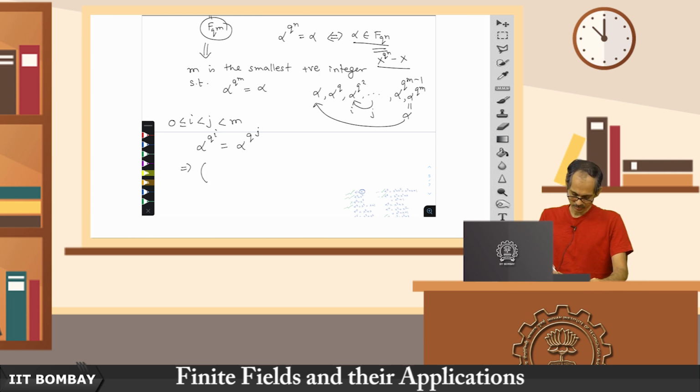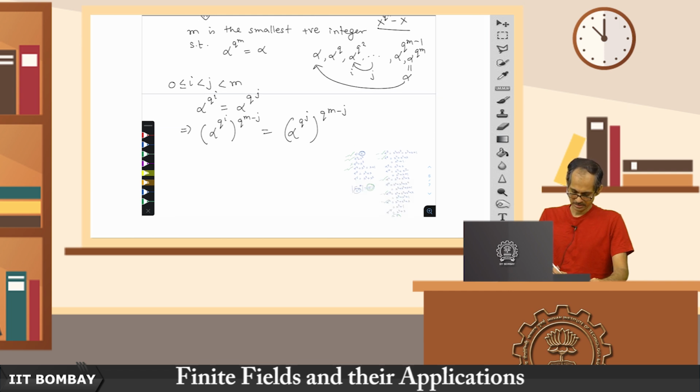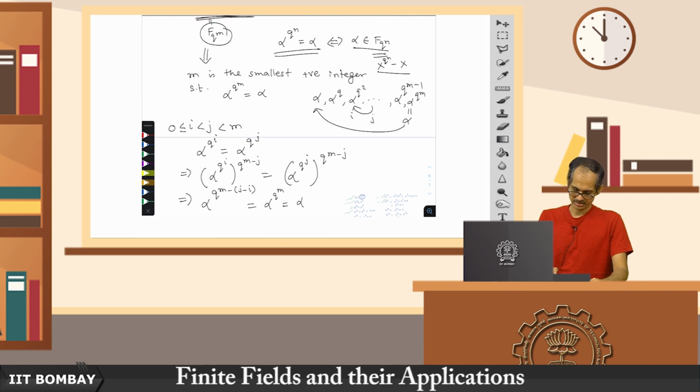We just raise both sides to the power q power m minus j, and then the left hand side becomes alpha power q power m minus j plus i, and the right hand side becomes alpha power q power m, which we know to be alpha power 1, because alpha power q power m equal to alpha from here.